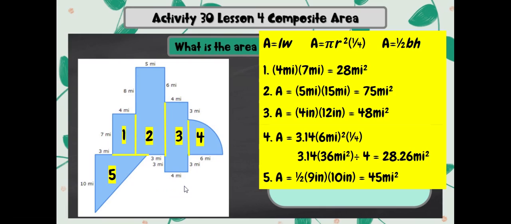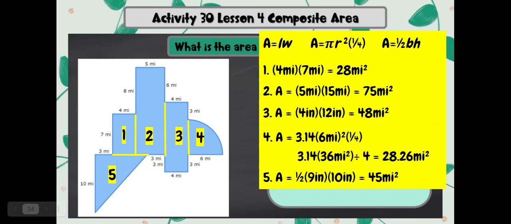When we look at this triangle, I get 1/2 base times height. Well, it tells me right there that this is 10, but I need to figure out also what this is. So I know from here to here is 3, from here to here is 4 more, from here to here is 5, then I can backtrack these 3, and I end up with 9.